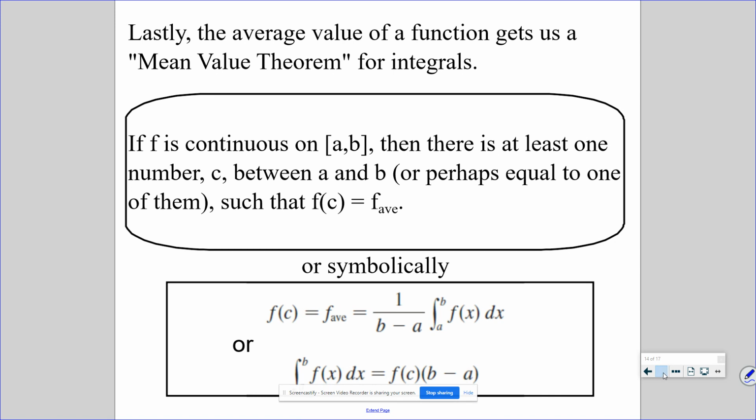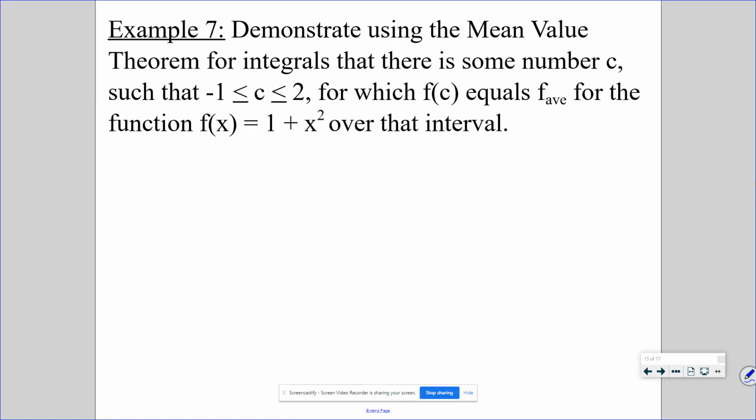That's all. Okay, here's how this is going to look to apply that mean value theorem for average value. It says demonstrate the mean value theorem for integrals that there is some number c between -1 and 2 for which f of c equals the average value. Okay, so we're going to say that f of c is equal to the average value, and the average value is 1 over b minus a integral from a to b of our function.